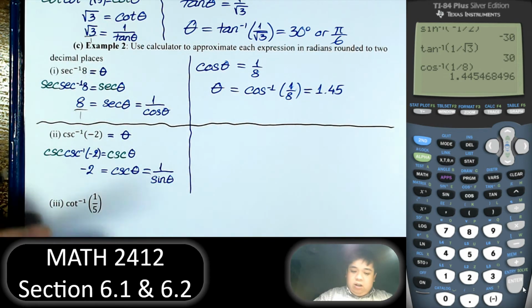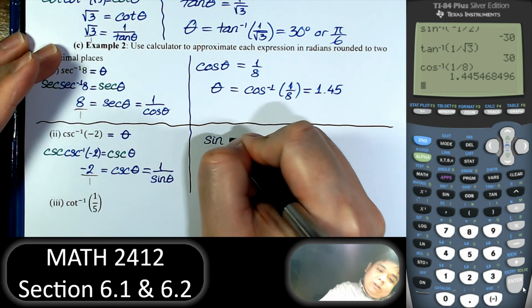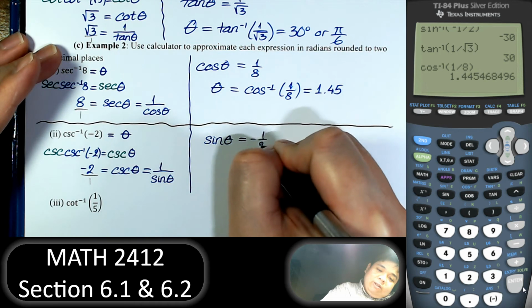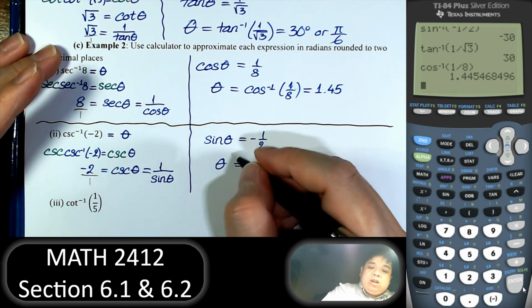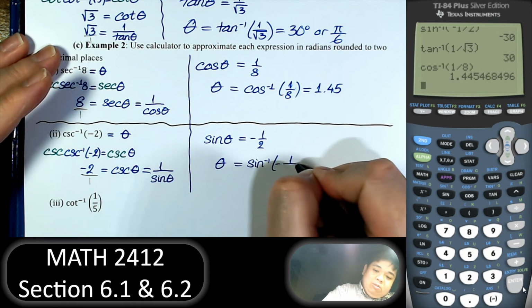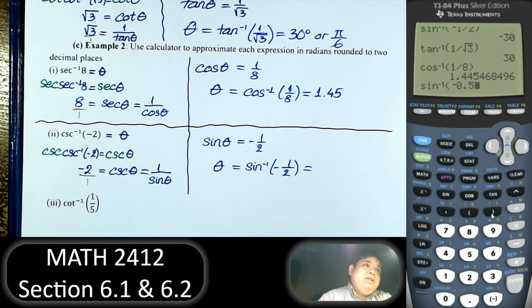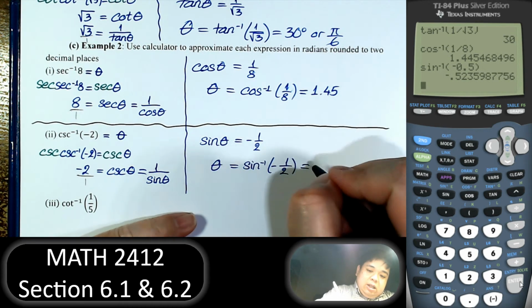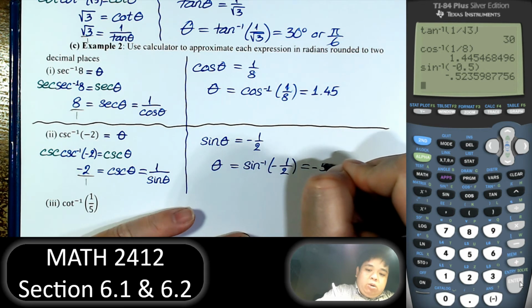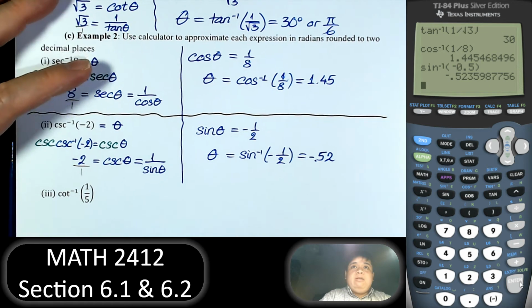Now flip both sides. So sine theta equals -1/2, and we just solve for theta, so sine inverse. In the next section this might not be true, but for now it is. Sine inverse of -0.5 is -5.52. We want 2 decimal places, so that's all we have.